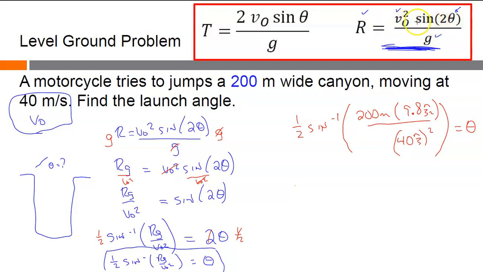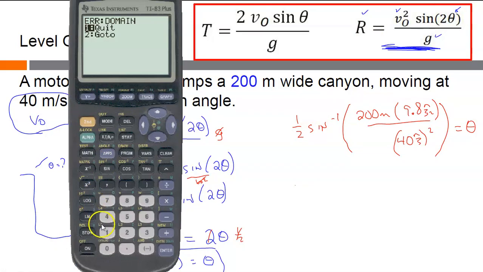So the maximum range that I'm ever going to get out of one of these equations is when that sine is equal to 1. That happens when this is a 45. So if I just take V0, which is 40, and square that, divide by 9.8, the maximum range this guy is ever going to get is 163 meters.